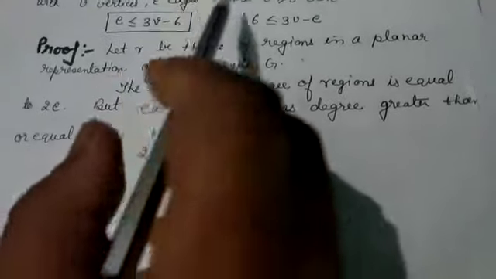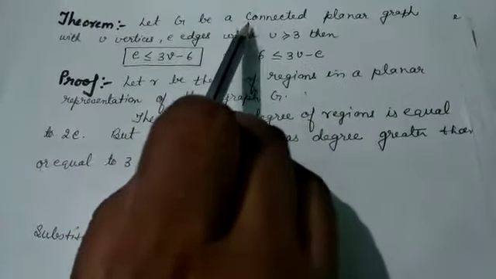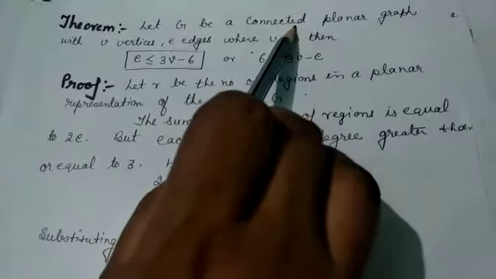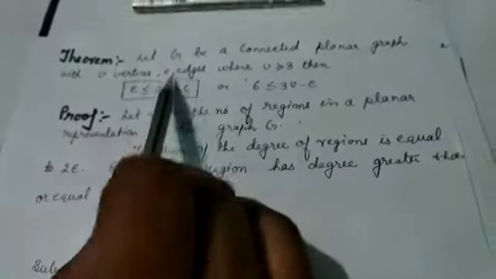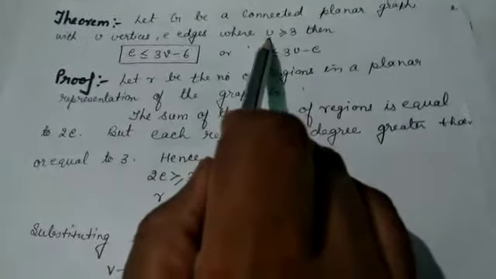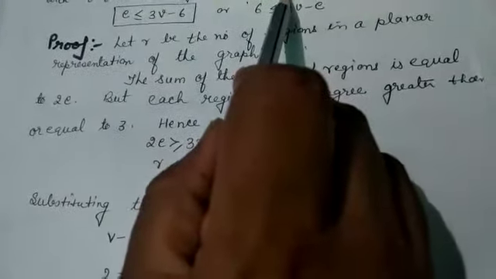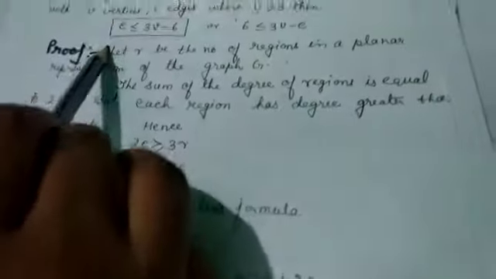So here, what is given? G is a connected planar graph where the number of vertices is V, the number of edges is E, and one condition is given on the vertices, that V is greater than or equal to 3. Then we have to prove this.